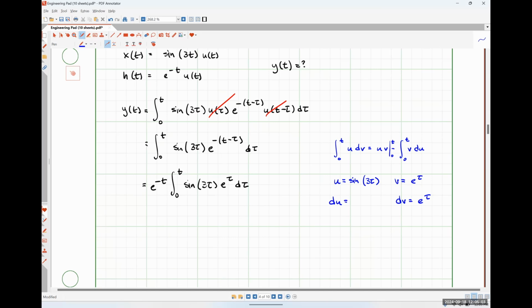What's the derivative of sine of 3 tau? 3 cosine 3 tau, absolutely. Okay, so let's substitute things in.